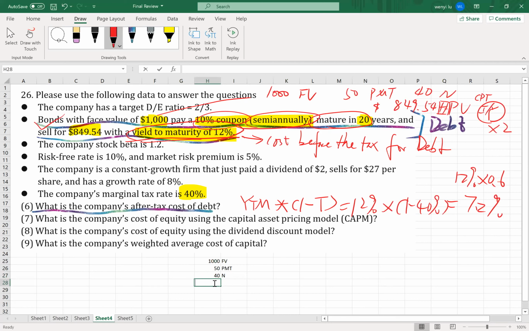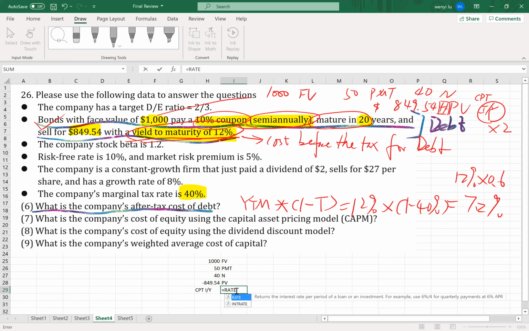And 849.54, minus, as the present value. So we will solve the IY, or you can say rate. On your calculators, CPT, IY. And we will use the rate function.